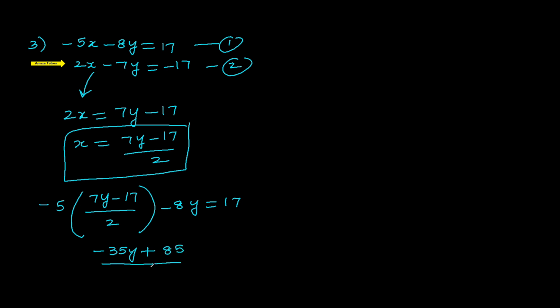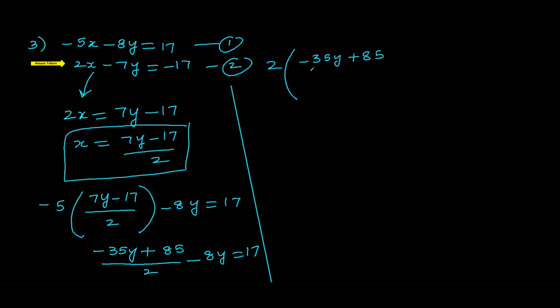And there is a 2 in the bottom. Keep writing that. Minus 8y is equal to 17. Now let me continue simplifying. As I have a denominator 2, multiply each and every term by 2 to get rid of the denominator 2. When I do that, 2 times negative 35y plus 85 divided by 2, minus 2 times 8y.